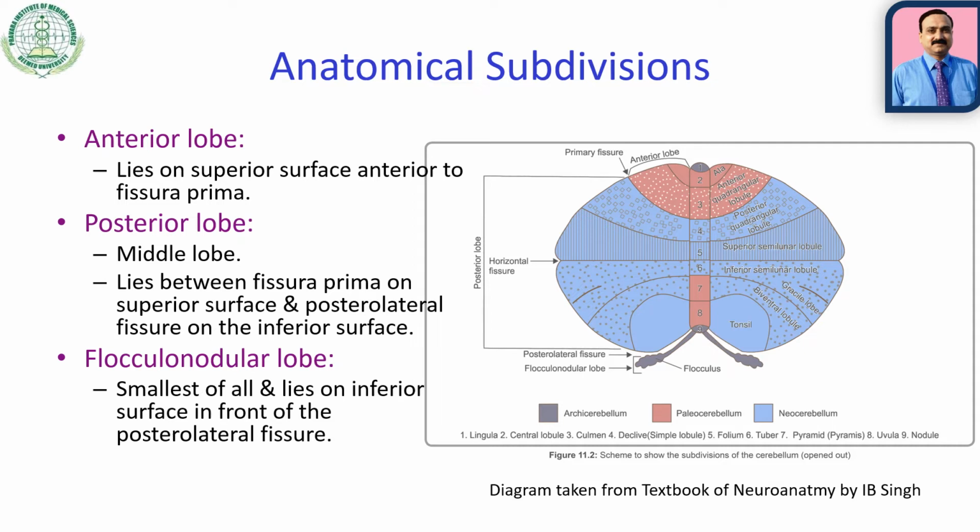Another thing you can make out, we have divided this vermis, that is the superior vermis from here to here and the inferior vermis from here to here, into 9 different parts.